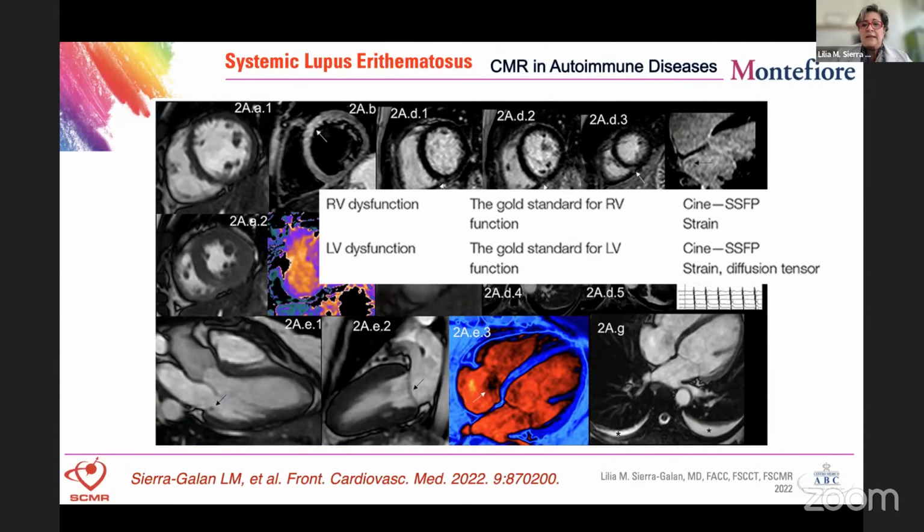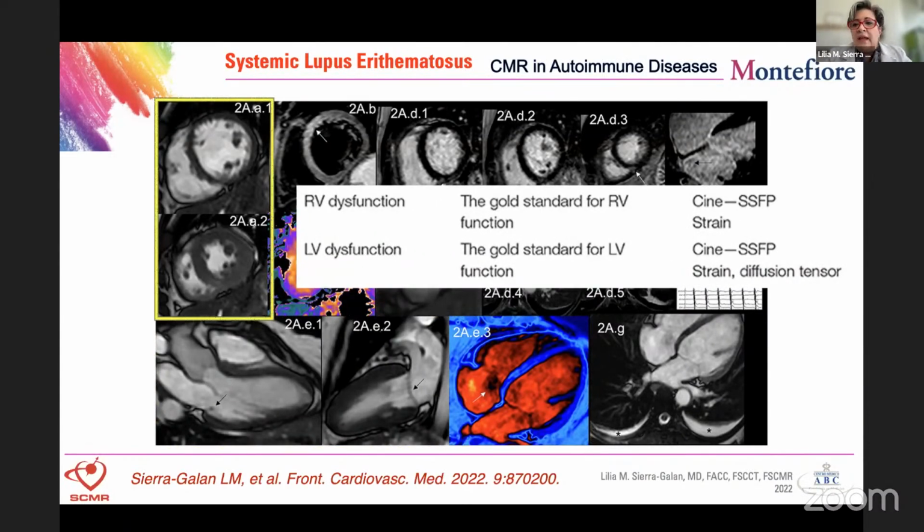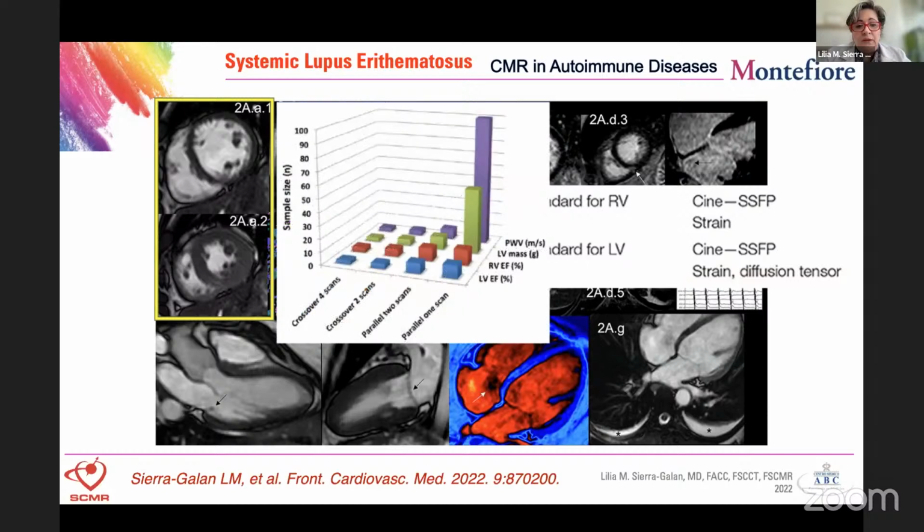Okay, next is the RV and the LV dysfunction. For those evaluations, obviously we all know that CMR is the gold standard, as it was proven long ago, since 2000.